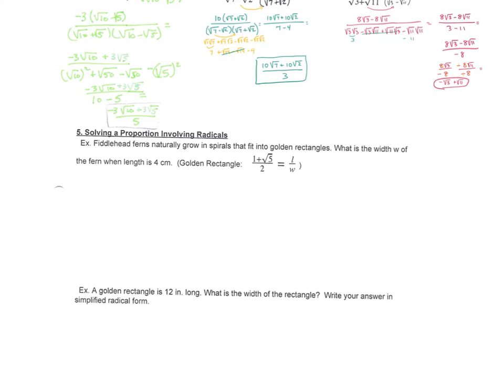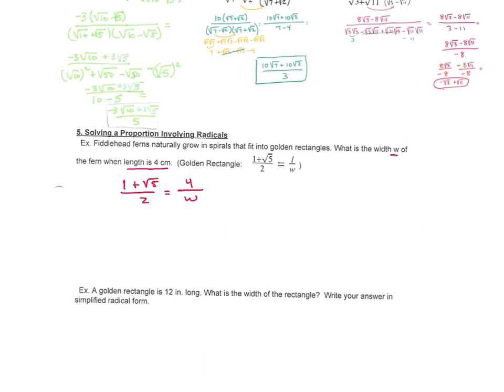And the golden rectangle ratio is 1 plus the square root of 5 over 2 equals the length divided by the width. So that's how the magic ratio works, or in this case, the golden rectangle. And they've given me my information, so I have 1 plus the square root of 5 over 2 is equal to the length. And they told me that the length is 4 over the width of W.